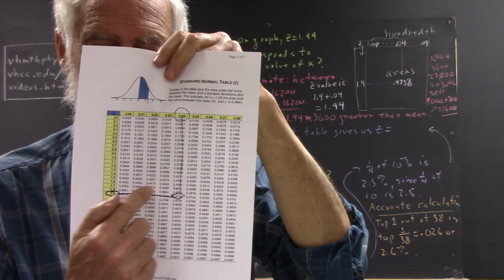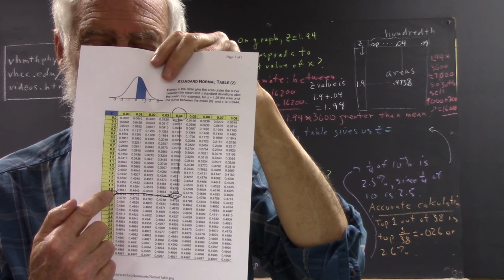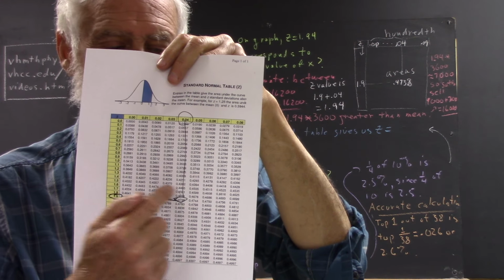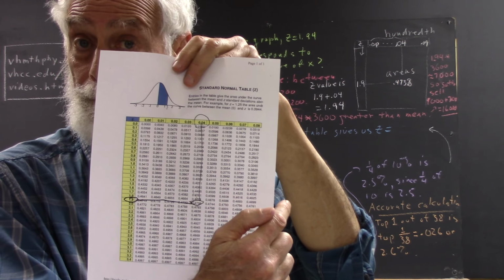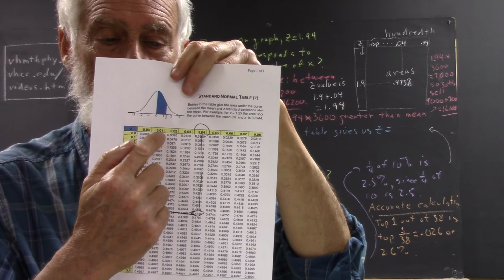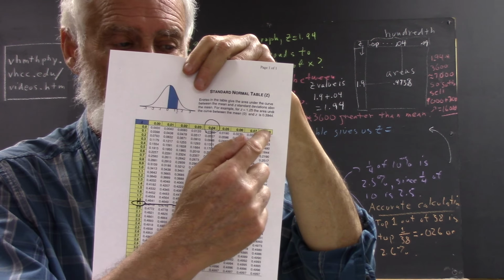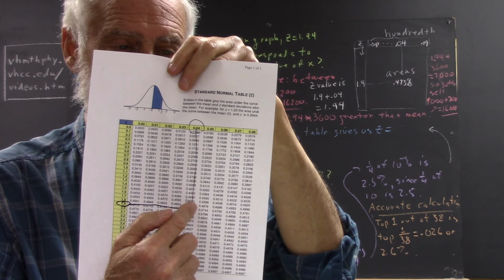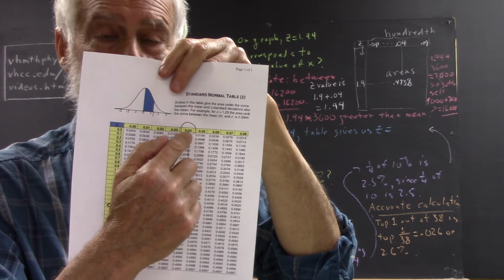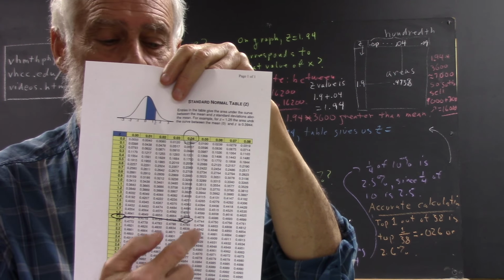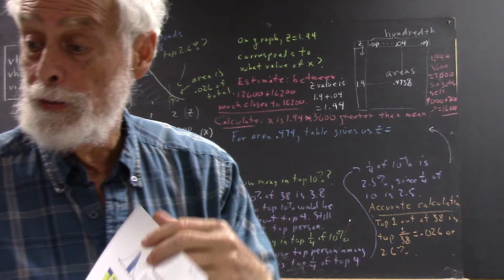So we come over from here and we find that the z value is 1.9. However, we have a bunch of columns next to 1.9, reading from 0.00, 0.01, 0.02 up to 0.09. We see that our number lies in the column that's labeled 0.04. So we have 1.9, but we have another 0.04 on our z-value.